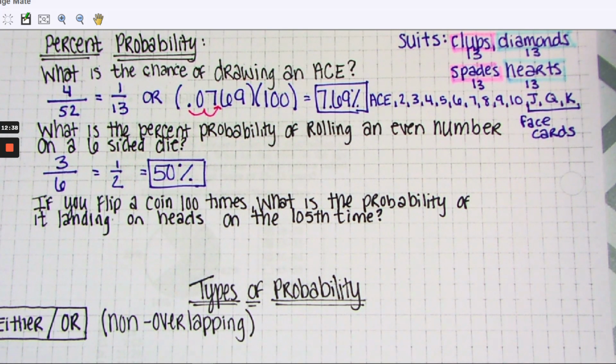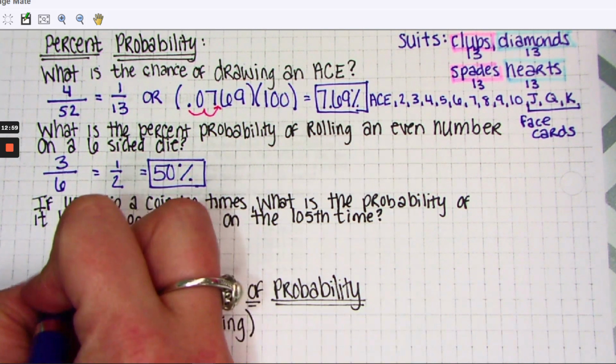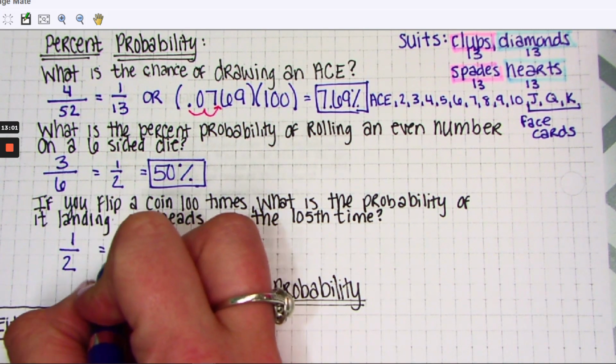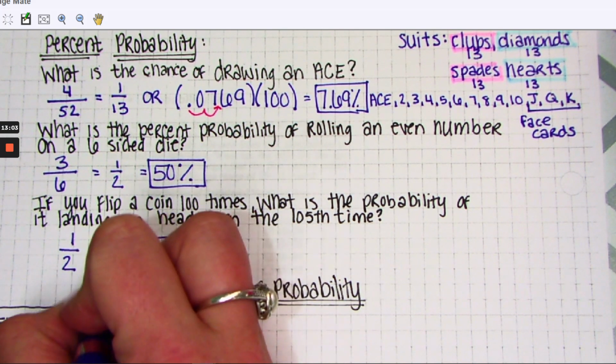The coin does not remember that it was heads 25% of the time. It doesn't matter. Every time you flip a coin, you still have the same new outcome every single time. Now, if it had said flipping heads in a row, that probability gets smaller. But it just said, I just want it to land on heads. I have a 1 out of 2 chance of it landing on heads, so I have a 50% chance.